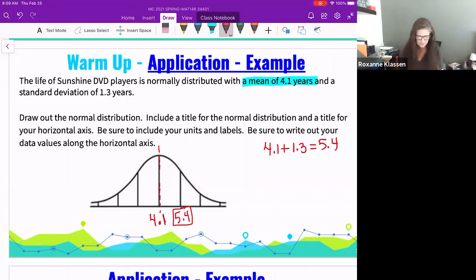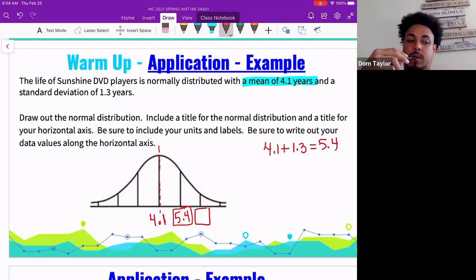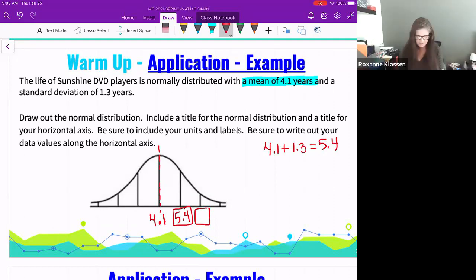Angelina, what did you get for the next line to the right? I'm doing it right now. Okay, 12. Oh wait, 5.4 plus 6.7. Okay, there you go. Because you just did 5.4 plus 1.3.